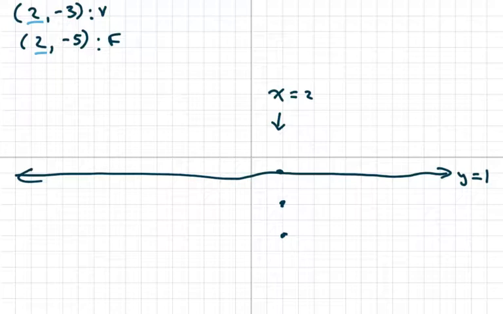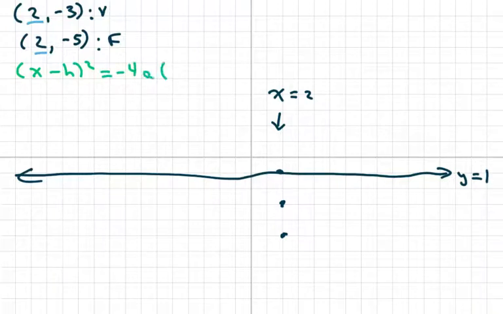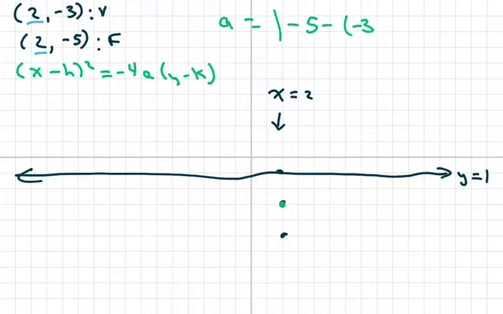Since it opens down, it has this form: x minus h squared equals -4a times y minus k. We also know what a is, because from our vertex it's going down, or you could say a equals the absolute value of -5 minus -3, and that's going to equal 2.